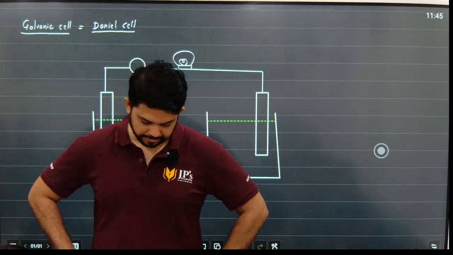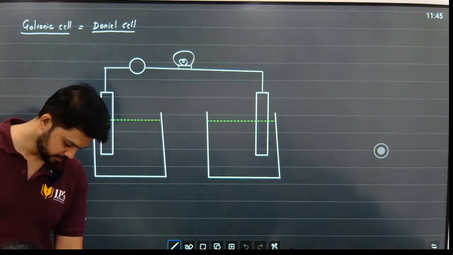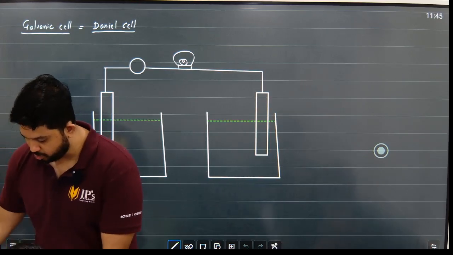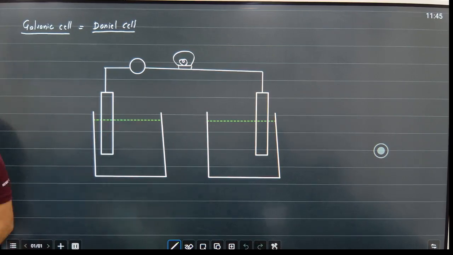Please write down galvanic cell or voltaic cell. Galvanic cell or voltaic cell.